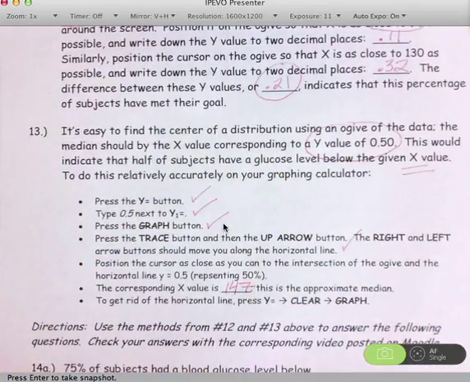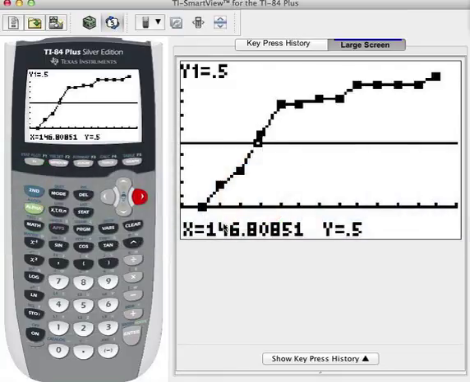In fact, you don't need to do this, but if you put the data back into the calculator and calculate, the exact median is 147.5. So by using this horizontal line at 50%, we can get a pretty good idea of approximately where the median sits just by approximating it from the ogive.